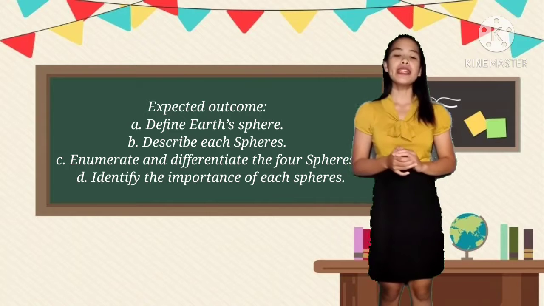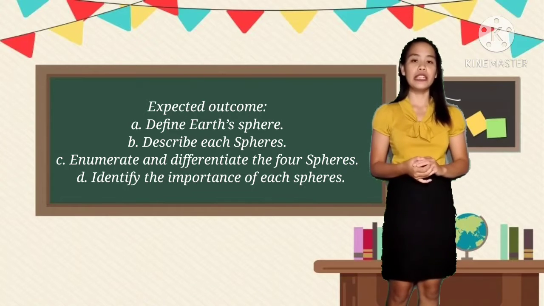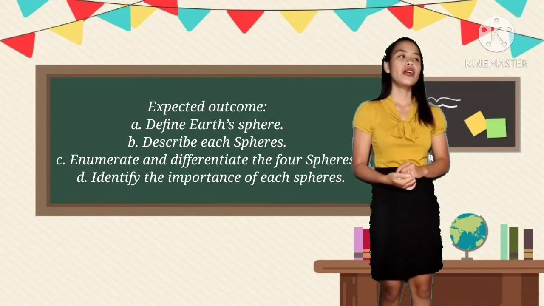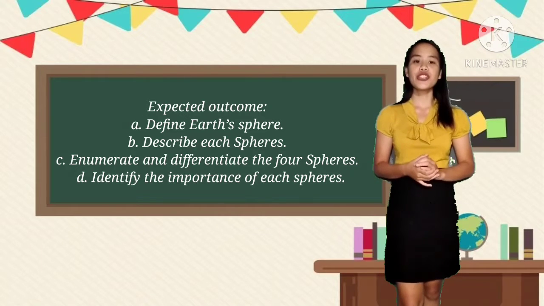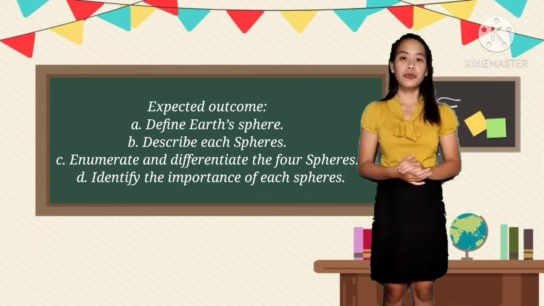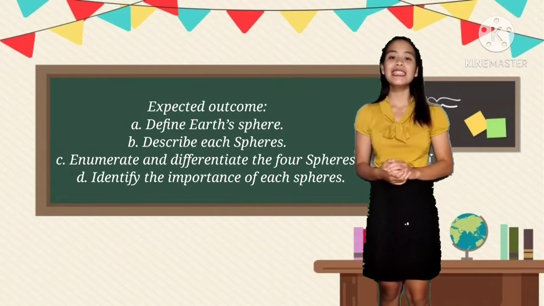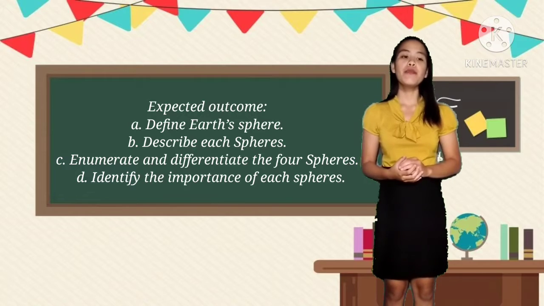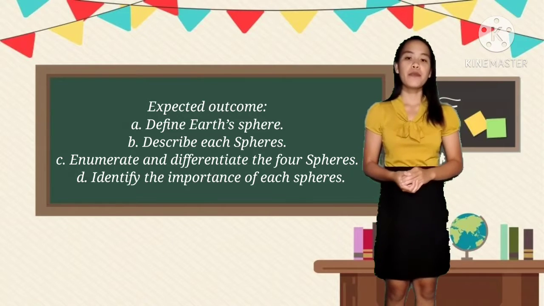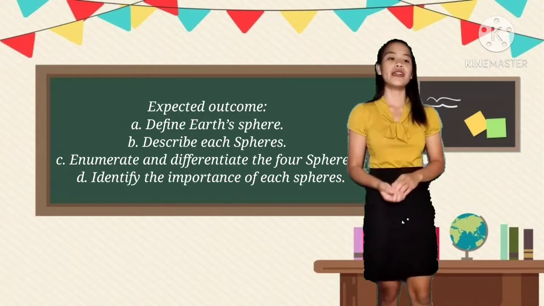Third, enumerate and differentiate the four spheres. All of you are expected to enumerate and differentiate the four spheres. Lastly, you should be able to identify the importance of each sphere.